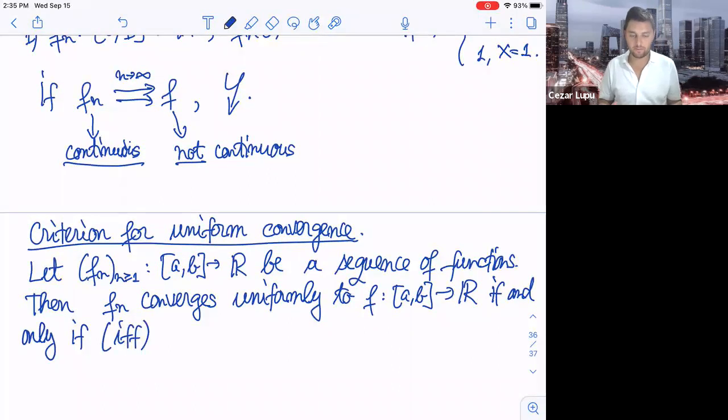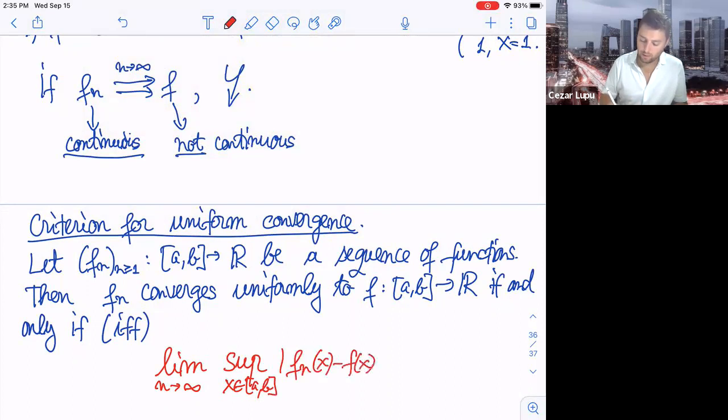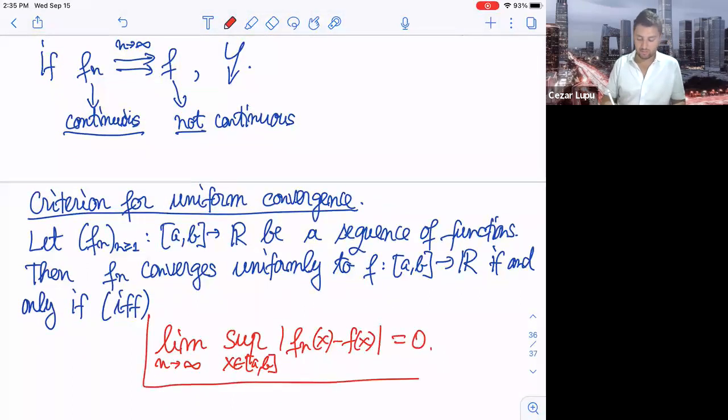If and only if we have this condition, that the limit as n approaches infinity of the supremum over x in [a,b] of |Fn(x) - f(x)| is 0. All right, so this is the condition.